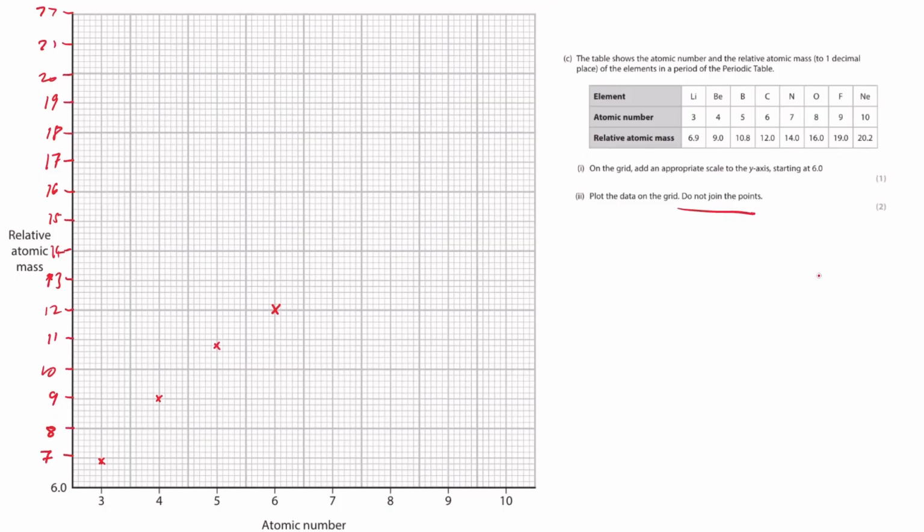When it is 7, it's 14. When it is 8, it's 16. When it is 9, it's 19. Okay, so it's here. When it is 10, it's 20.2. 20.2 is here. So you can do it, right?